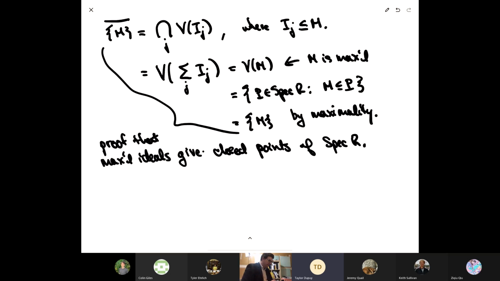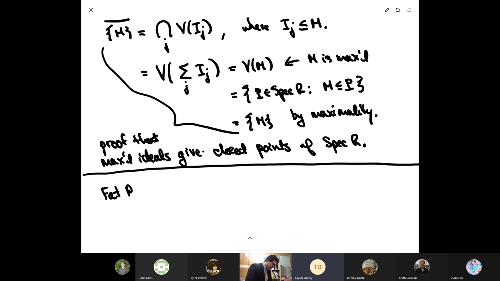Okay. So the other thing that you asked about was the fat points. Yes. Fat points are something different. These were things that we drew for nilpotents.